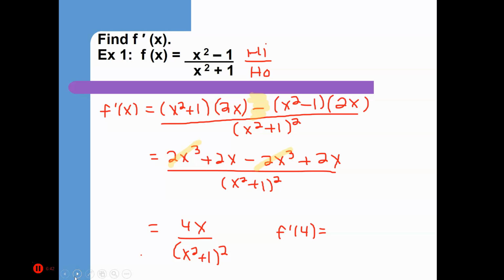If I asked you to find f prime of 4, you'd just do 4 over 4 squared plus 1 squared. It's definitely easier to do 4 squared plus 1 squared versus 4 to the 4th, which is what would happen if you FOILed the denominator.